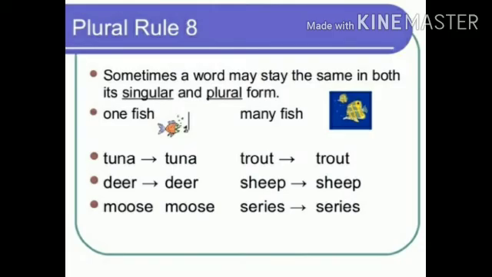Rule number 8 says there are nouns that do not change their forms even when they are changed into plural. Tuna is tuna, deer we call deer, sheep we call sheep. They do not change their form when they turn into their plurals.